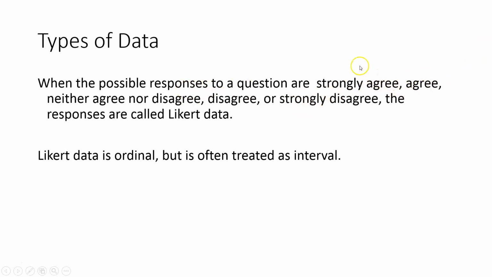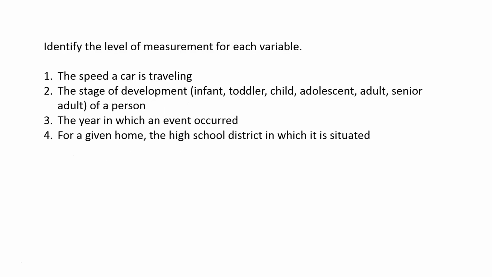So like strongly agree is 1, agree is 2, neither is 3, etc. And then they'll take those averages. So that's a convenient thing to do. It's not great to do that statistically, but it's still very common to do.